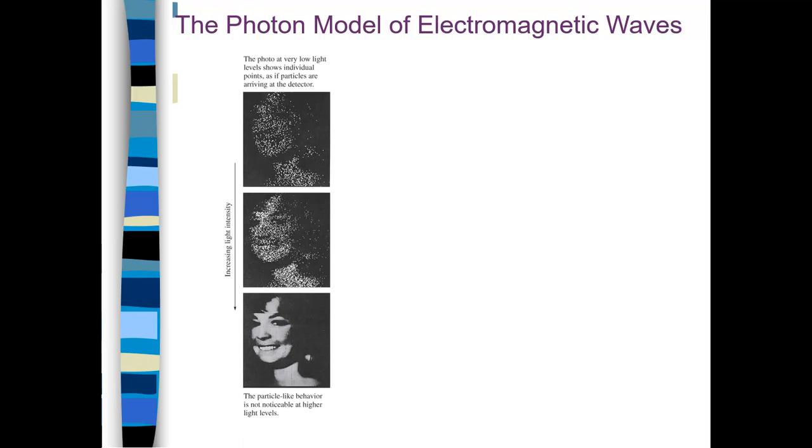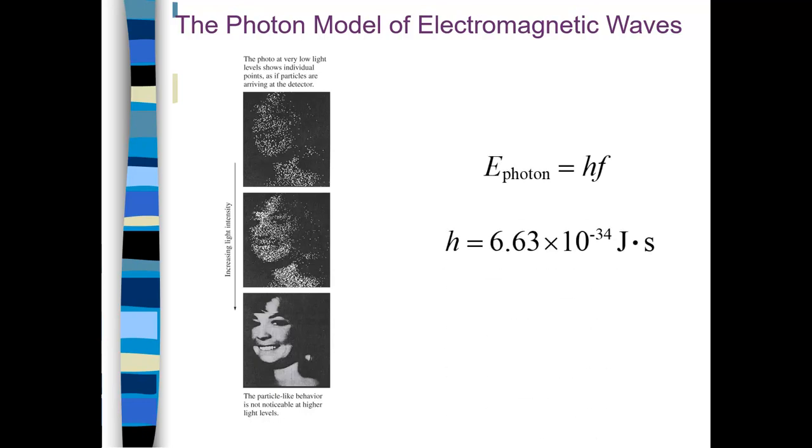If we use a CCD camera and look at a photo at different levels of light, you can see that as we increase the light intensity, the picture looks more like a continuous field. It becomes more pixelated and looks more like particles the more we decrease the light intensity. These are particles that are arriving at the camera or the detector, and as we decrease the light, it looks much more particulate.